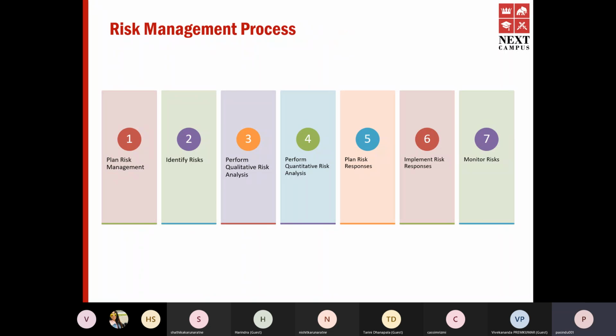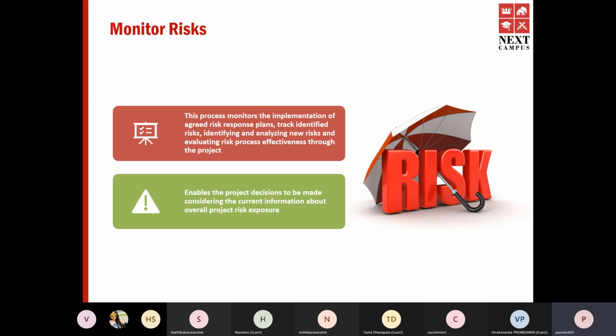Okay. Finally, our last step of the risk management sub-process is monitoring risk. Again, monitoring risks happens throughout the project. It talks about the identified risks.